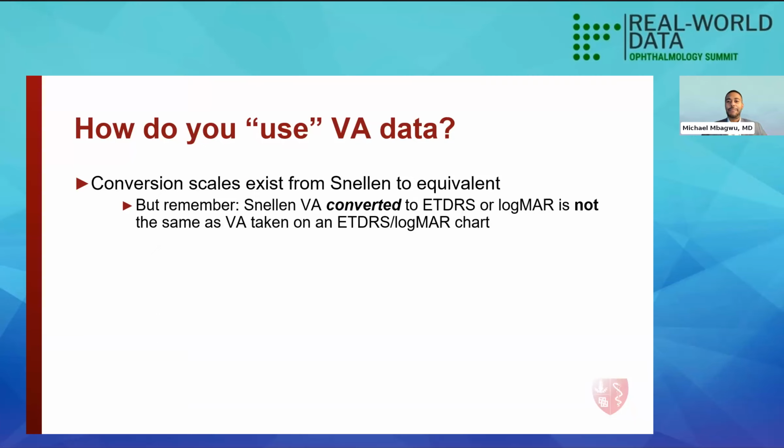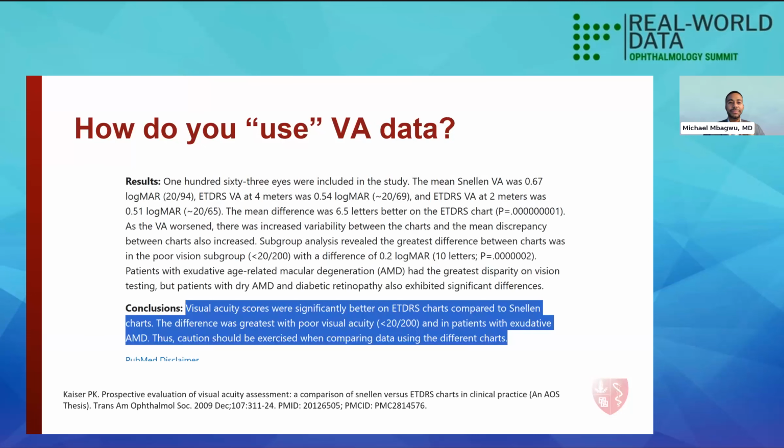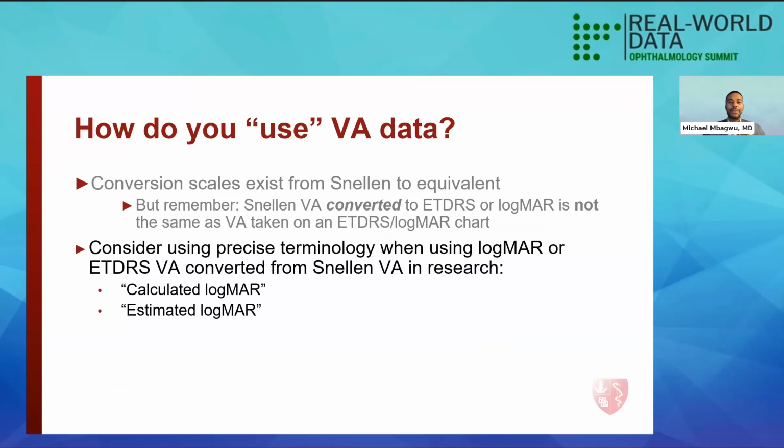So here I illustrate my point from earlier, which is that visual acuity converted to LogMAR is not the same as visual acuity taken on those specific charts. When you use visual acuity, make sure you're always using that proper terminology.